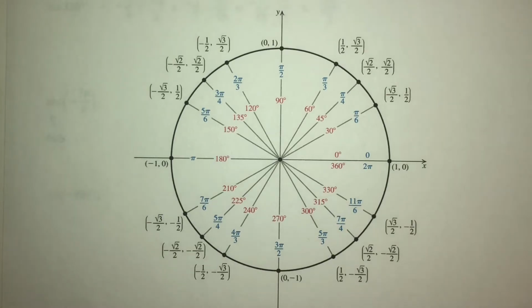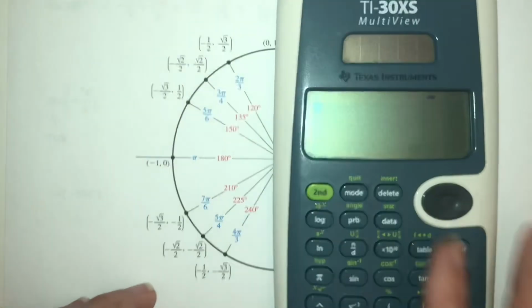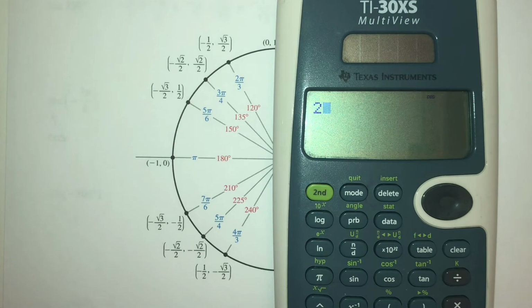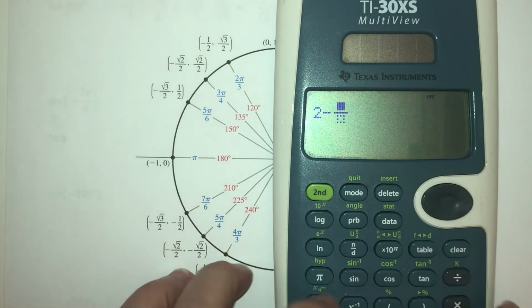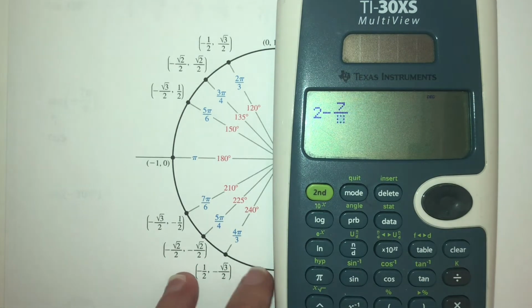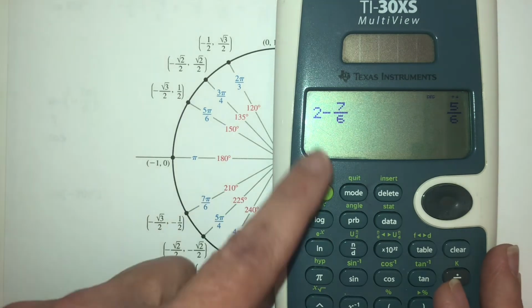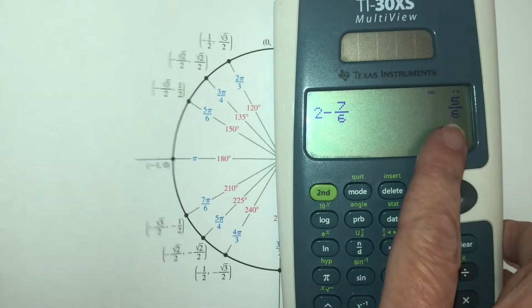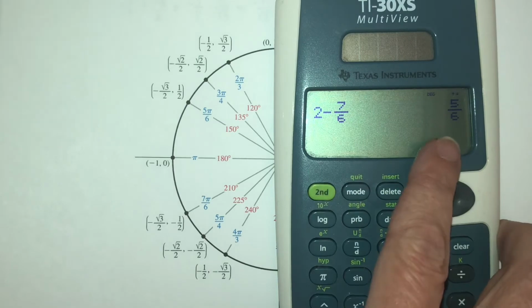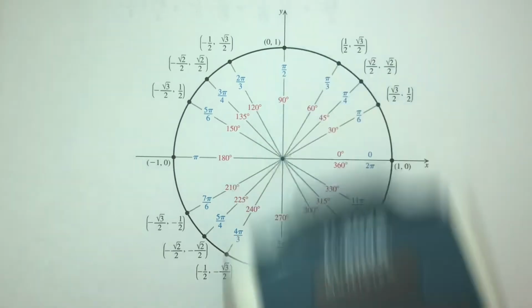If I take 2 pi and then subtract 7 over 6, I get 5 over 6. So the one I'm looking for is coterminal with 5 pi over 6.